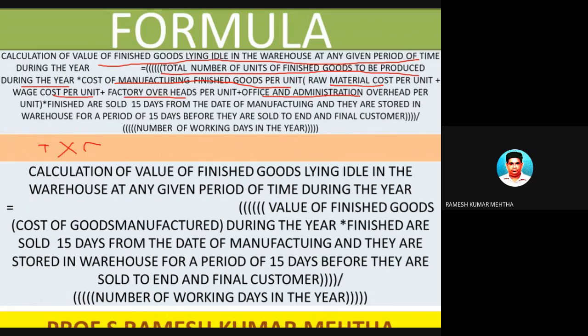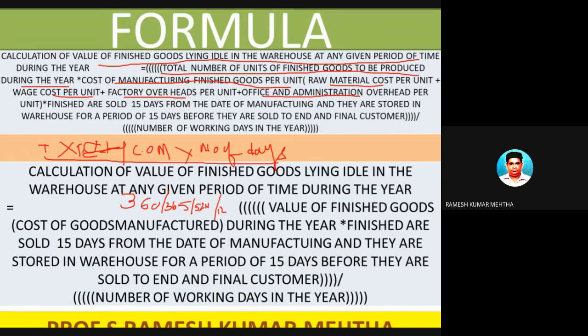So this total cost, into the number of days for which these finished goods will be lying idle, divided by 360 days or 365 days or 52 weeks or 12 months.